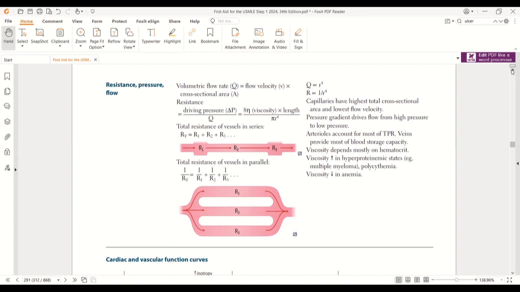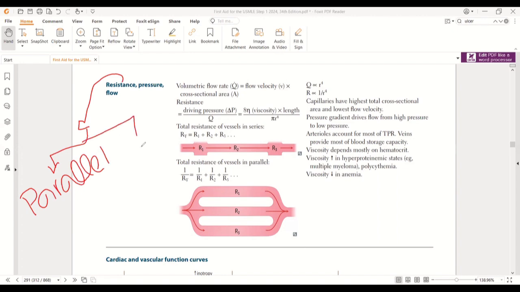Resistance can be arranged in two ways: one is parallel and the other is series.